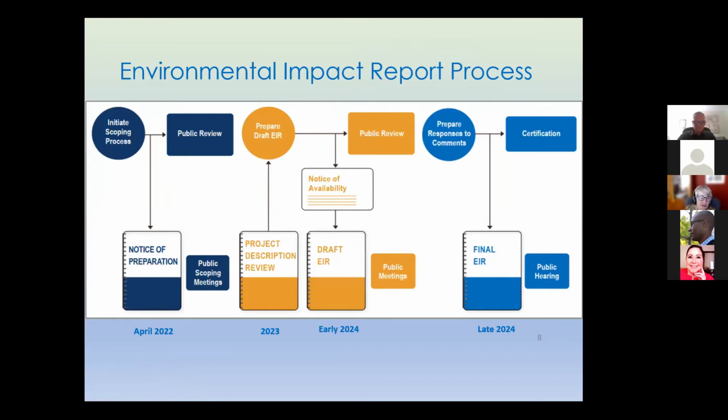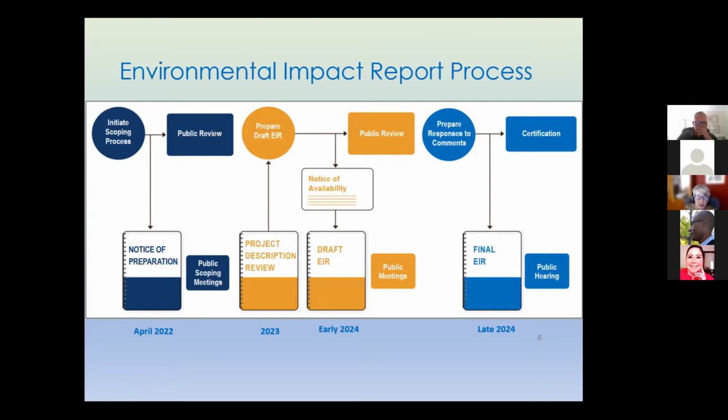So this slide depicts the environmental review process, which essentially has three phases: scoping, preparing the draft EIR, and preparing the final EIR. And each phase has opportunities for public input. We're in the scoping phase, which is the very beginning of the CEQA process. And it's really about hearing from you.